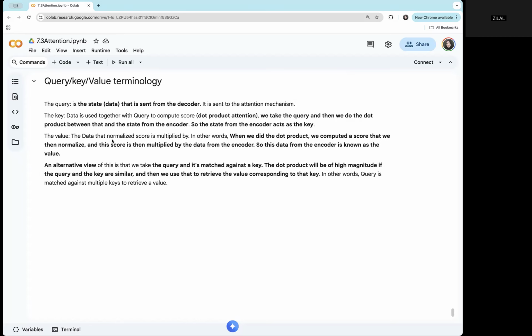The value is the data that the normalized score is multiplied by. In other words, when we did the dot product, we computed a score that we then normalize, and this score is then multiplied by the data from the encoder. So this data from the encoder is known as the value.